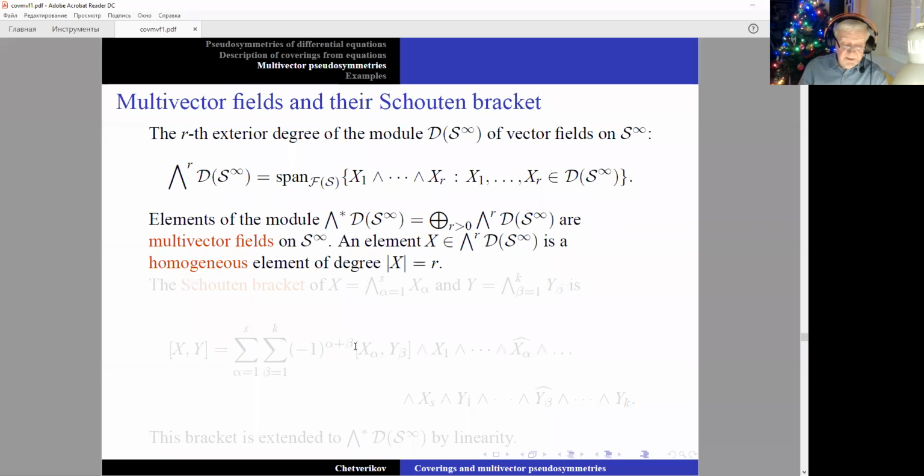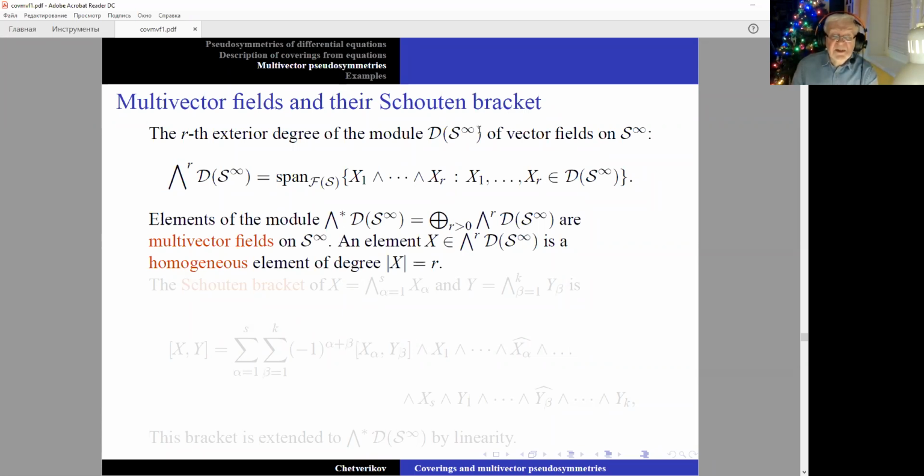Now let's consider multivector fields and the Schouten bracket to simplify the computations of multidimensional pseudosymmetries.